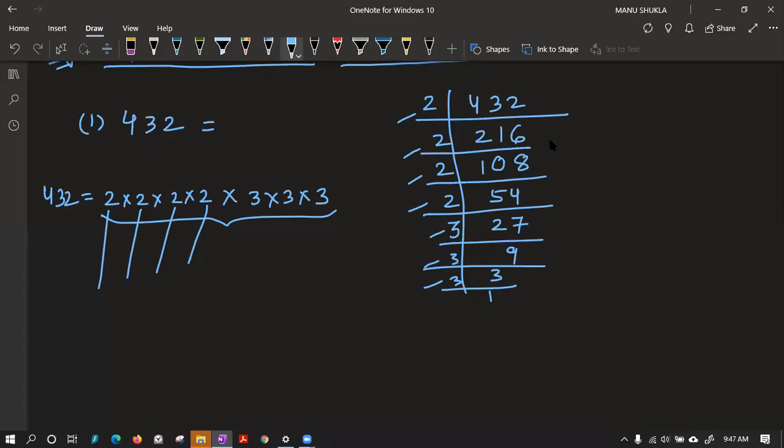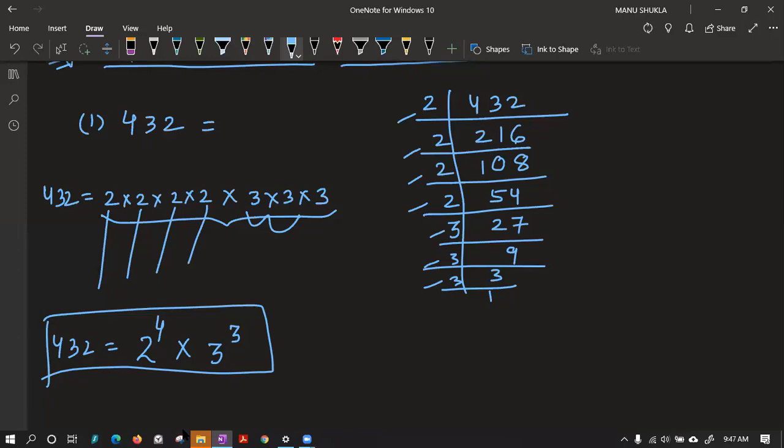Please tell class, if we have 4 2's getting multiplied, it can be written as 2 power, yes, very good Tushita, multiplied with, we have 3 3's getting multiplied, that can be written as 3 power 3. Very good. So this is the answer.